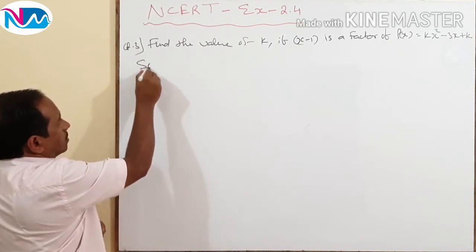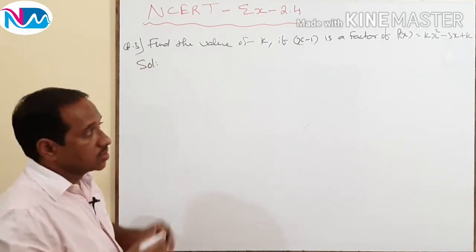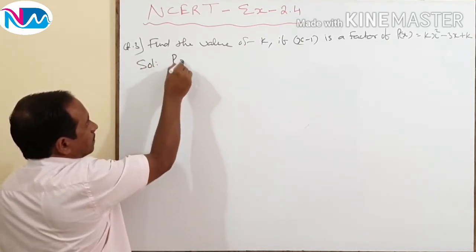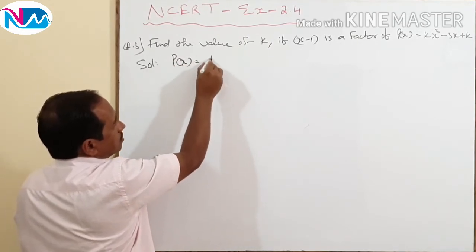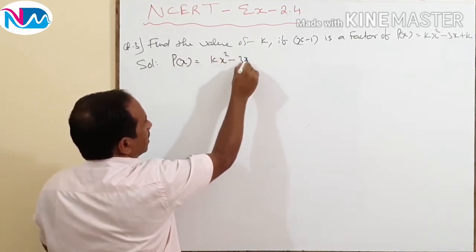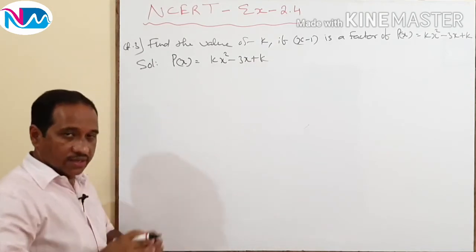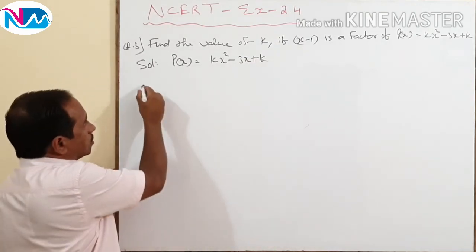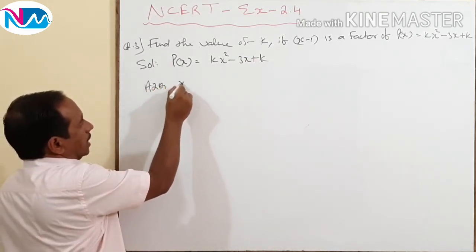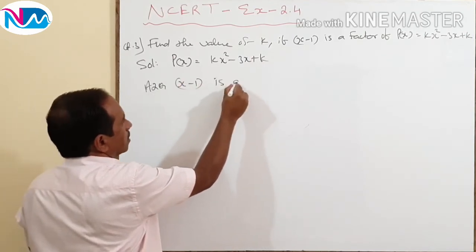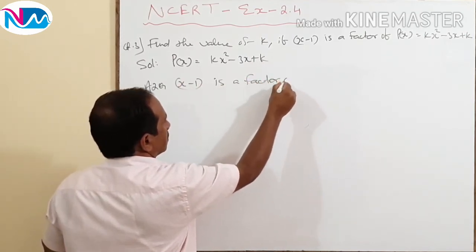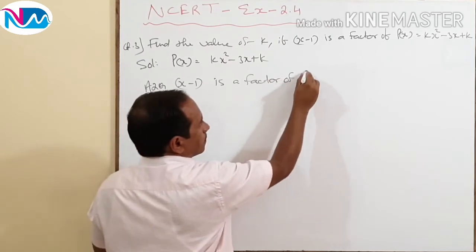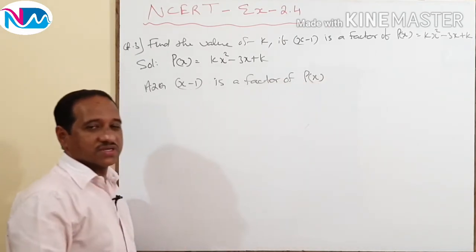So in the solution, first we write P of x. P of x is equal to kx square minus 3x plus k. According to the question, x minus 1 is a factor of P of x.